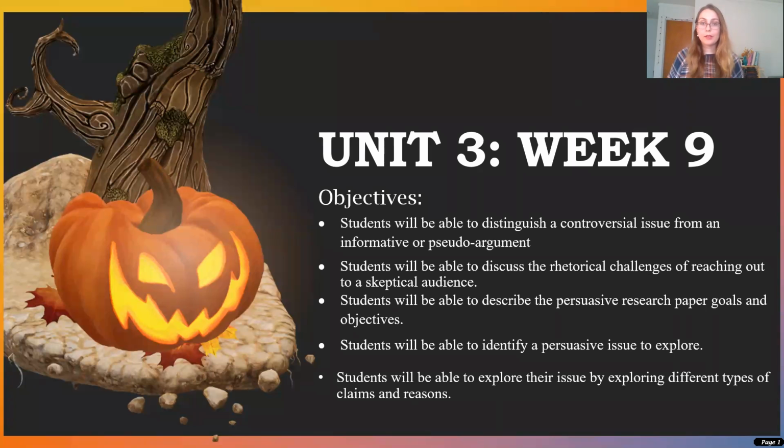So, our objectives for this week are to distinguish a controversial issue from an informative or a pseudo argument, discuss the rhetorical challenges of reaching out to a skeptical or resistant audience, describe the persuasive research paper goals and objectives, identify a persuasive issue to explore in our papers, determine which issues are too controversial or not controversial enough, and explore your issue by identifying different types of claims and rationale.